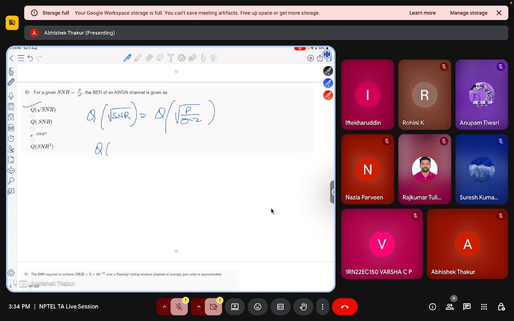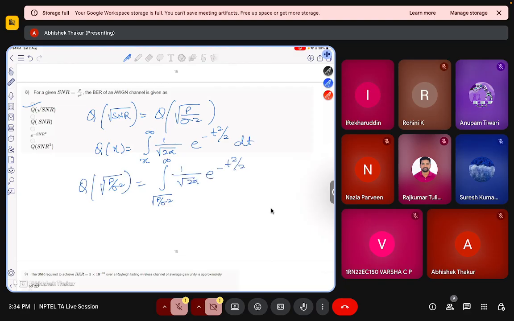And we know that Q of X is given as integration from x to infinity of 1 by square root of 2 pi e to the power of minus t square by 2 dt. So here Q of square root of P by sigma square will be given as integration from square root of SNR to infinity of 1 by root 2 pi e to the power of minus t square by 2 dt. So option A is the correct answer. Directly we write the Q function of square root of SNR.